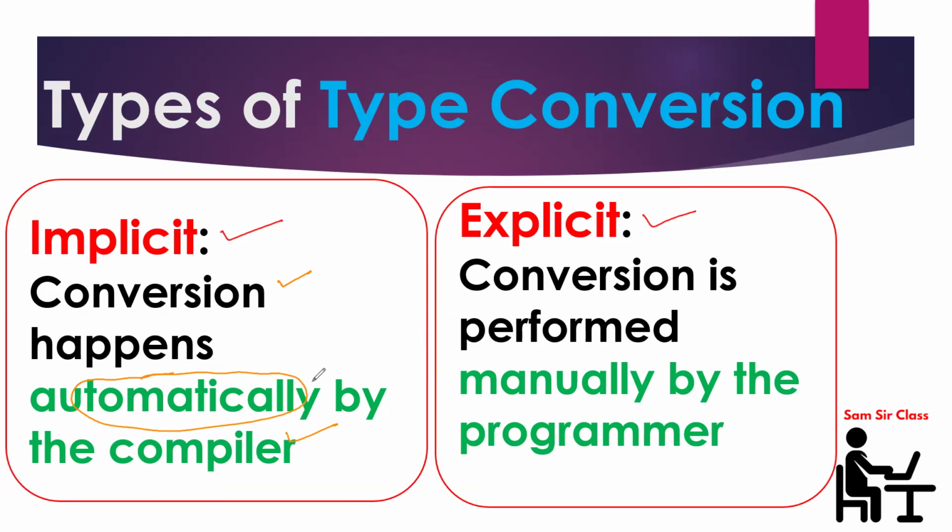But the question arises, which particular data type will be converted automatically? Remember, if the two operands in an assignment expression are different, so you write OP1 equal to OP2, then the type of the right hand side operand is converted to the type of the left hand side operand. That means if the right hand side is of lower rank, it will be promoted to the rank of the left operand, which is on the higher side. But if it is of higher rank on the right hand side, it will be demoted to the rank of the left operand.